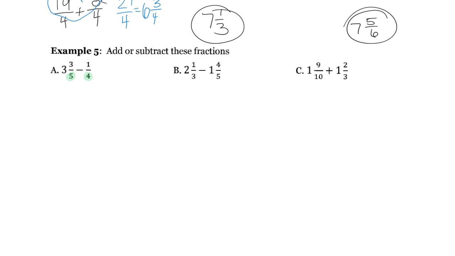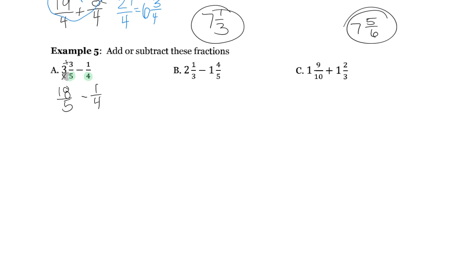So if you're a little rusty with something, make sure you get practice in that, okay? So let's make them improper fractions, multiplying the denominator by the whole number and adding the numerator. So 5 times 3 is 15, plus 3 is 18/5.